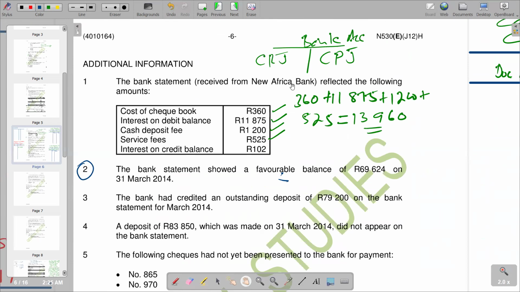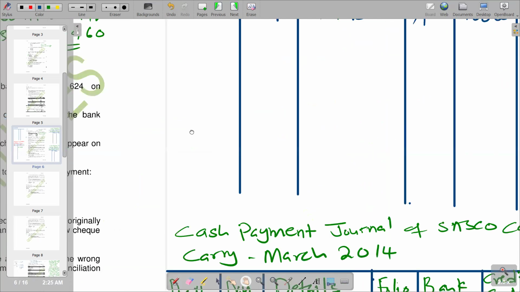We are paying the bank, but the bank charges are being taken by the bank, which is New Africa Bank. So for the details, we're going to put New Africa Bank, and the amount that we have is 13,960. Those are the items that we are going to reflect in the cash payments journal.